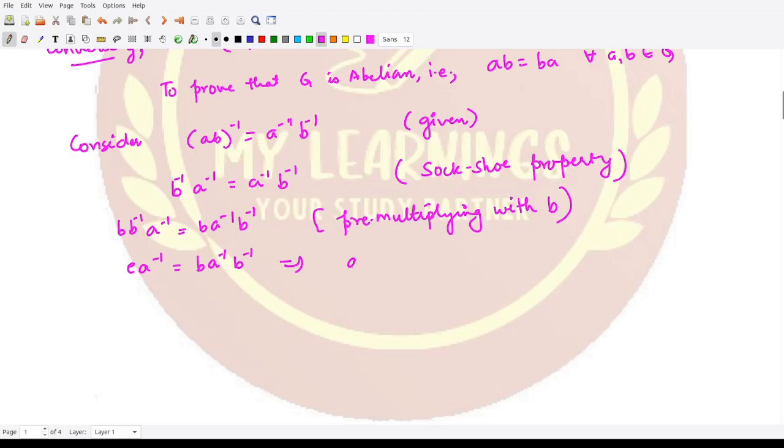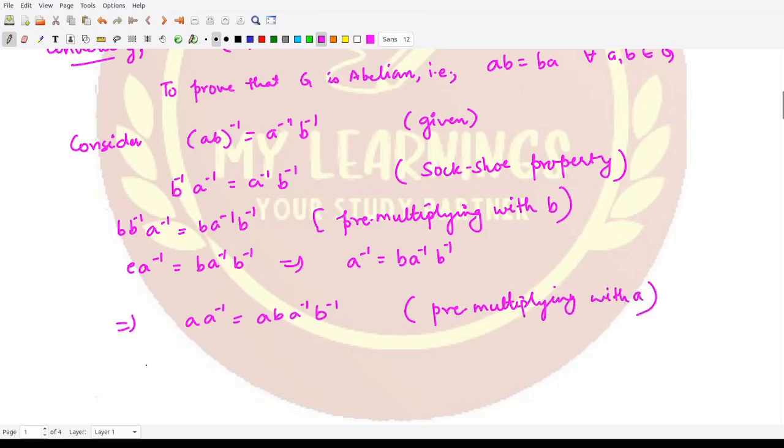Now we can pre-multiply with A on both sides, so that we would have E is equal to A inverse B inverse, right?